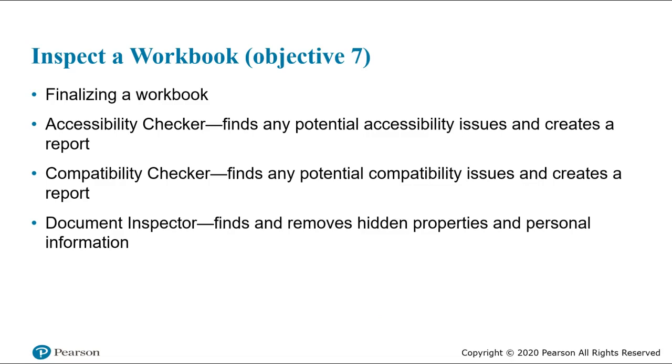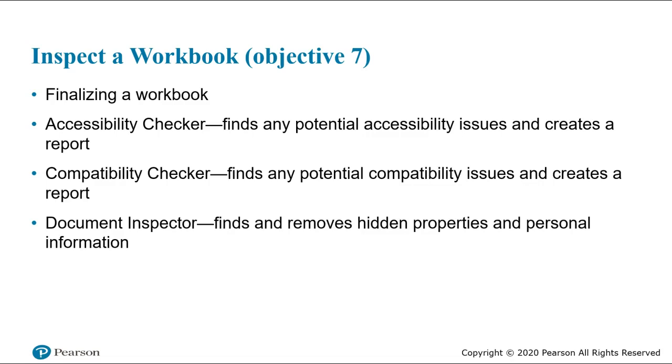The last objective in this chapter is inspecting a workbook. And when we are sharing our workbook with other people, it's important for us to maybe finalize the workbook. We want to make sure that it meets accessibility standards so we can run the accessibility checker.